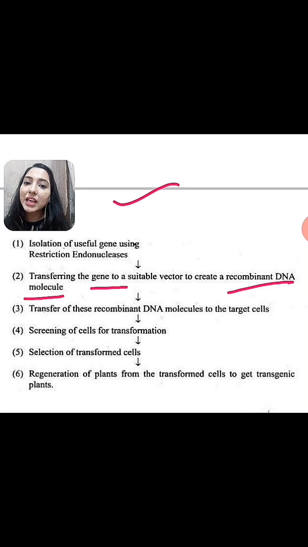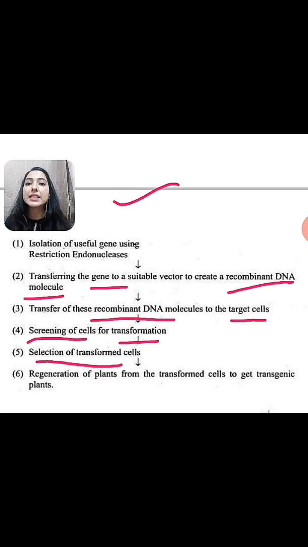Third is transfer of that recombinant DNA molecule to the target cell. Fourth is detection of the cell for transformation. Fifth is selection of the cell which has taken up the desired gene or the pest-resistant gene. And the last is the regeneration of the plant from the transformed cell to form transgenic plants.